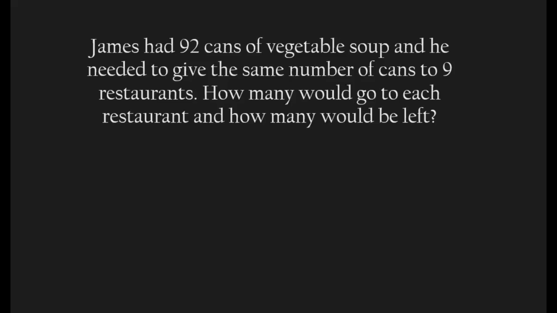We know that James had 92 cans in total, and he needed to give the same number, so he's dividing, of cans to 9 different restaurants. How many would go to each restaurant? Let's highlight that. And how many would be left? So we're figuring out how many each restaurant would get and how many would be left.